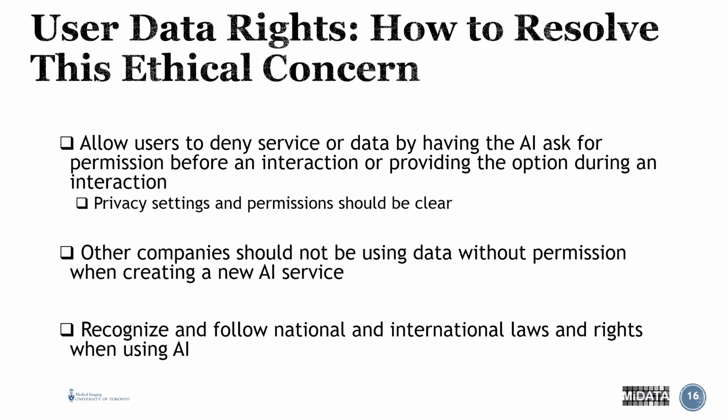And this will all come out under the privacy settings and permissions that are made clear when users interact with your software. Now, other companies should not be using data without permission when creating a new AI service. Of course, we've talked about that. That's a no-brainer. And we need to recognize and follow national and international laws and rights when using AI. I'm just saying this and people are like, oh, your eyes are glazing over.